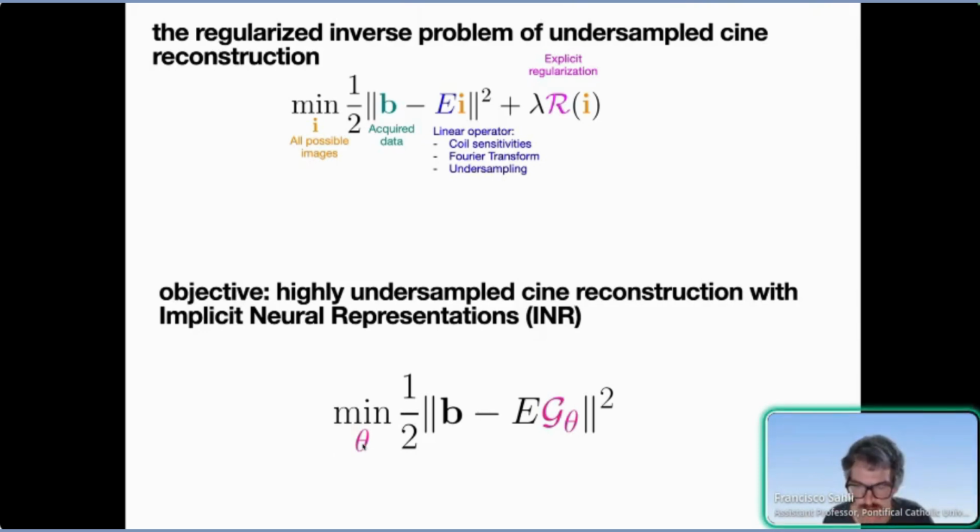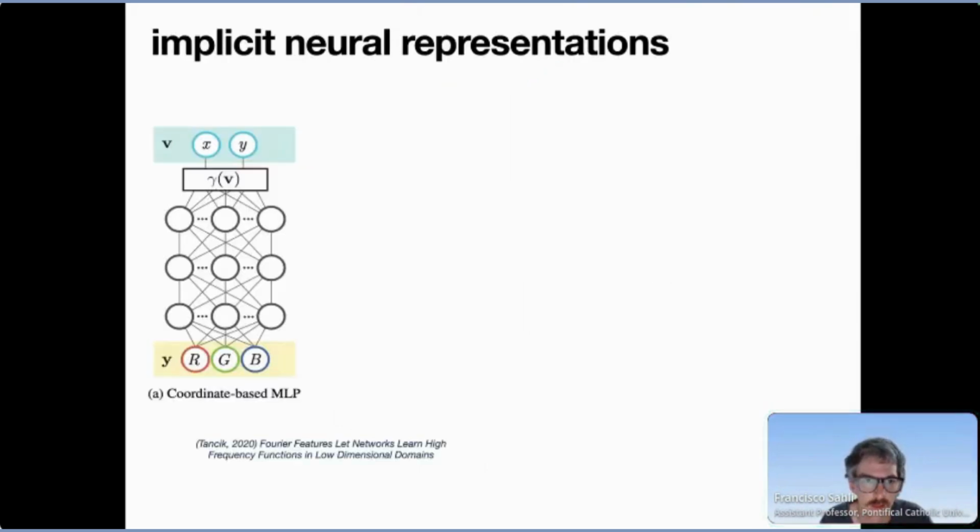So in this case, we will have an implicit regularization. We will have no explicit regularization term, but we will play with the architecture of the network to have networks that, if we train them on data, will produce reasonable images. This is the idea of implicit neural representations.